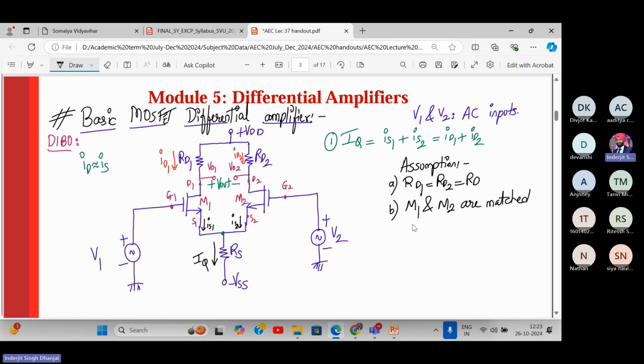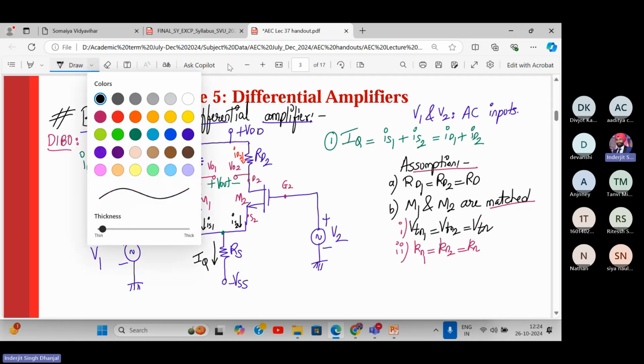What is the meaning of matched? Their threshold voltage is the same, so VTN1 equals VTN2 equals VTN. And secondly, their Kn is the same. When we say a transistor is matched, that means its threshold voltage is the same and its transconductance, the device gain, Kn1 and Kn2, is also equal to Kn. That is the meaning of the word matched. Yes, so these are the assumptions.